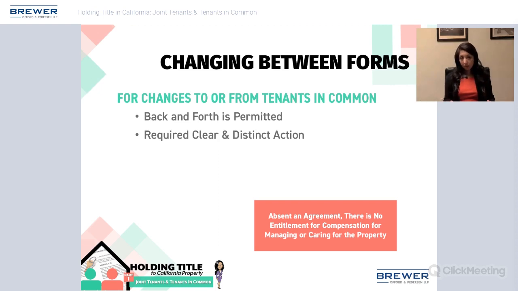Once that's done and the deed's recorded, the property will be held in 1/3 interests. Jane will be a 1/3 tenant in common with Wendy and Bob, who are joint tenants with each other, each with a 1/3 interest, and who are tenants in common with Jane. So you are able to go back and forth. It's just, does the deed match the exact requirements that need to be met prior to it being recorded, and then it being recorded?